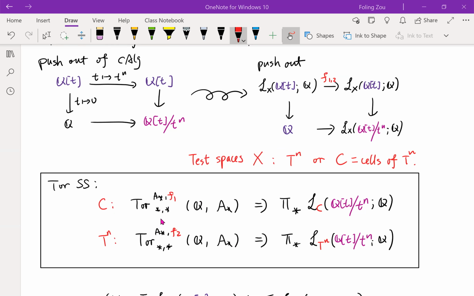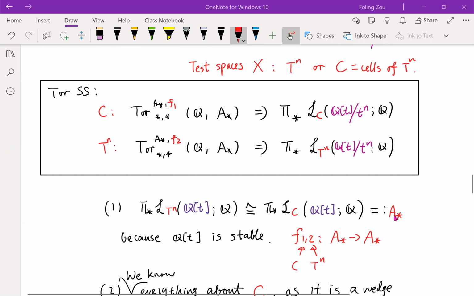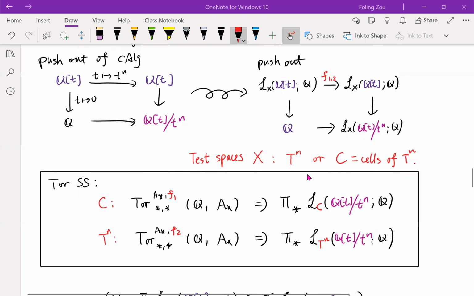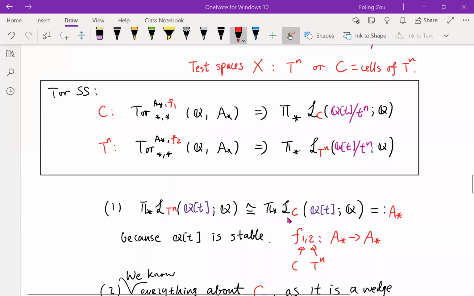And I will later explain what this A star is. A star is just a name for pi star of these two things, and they agree for Tn and C because Qt is smooth.